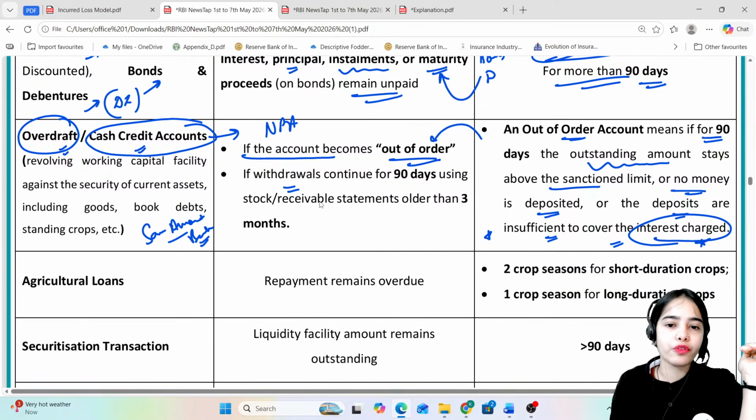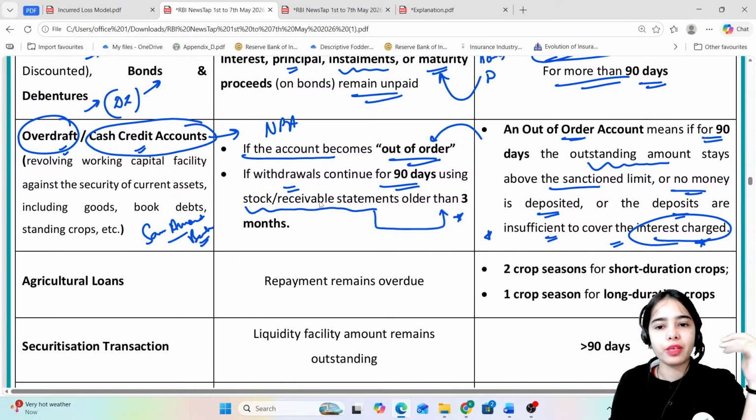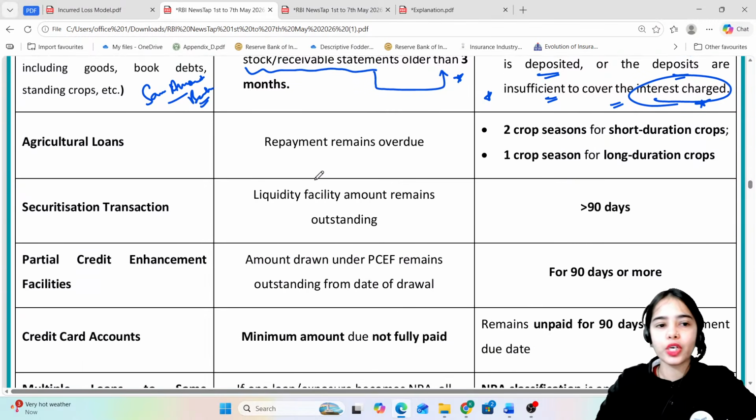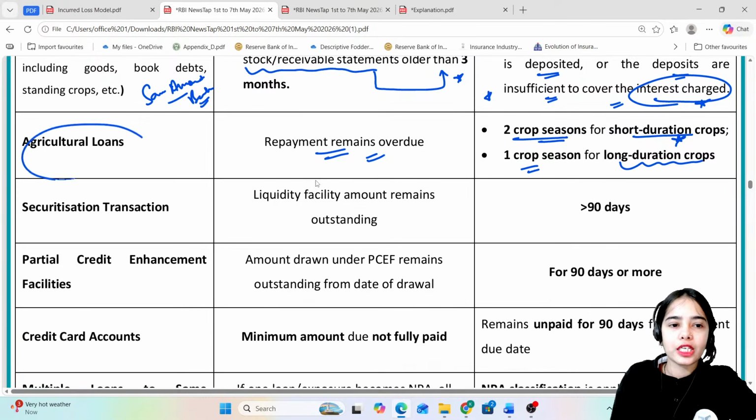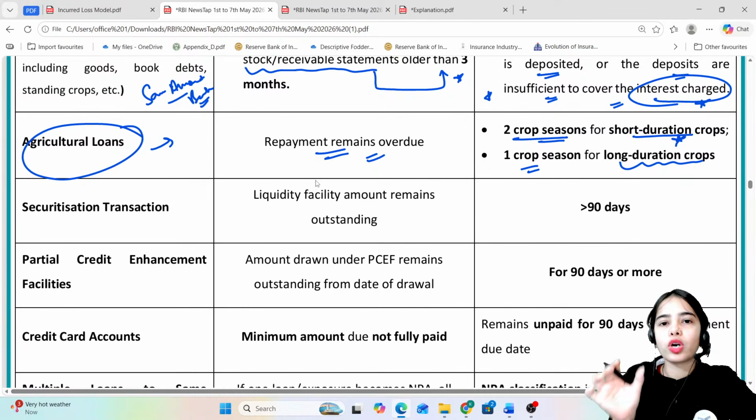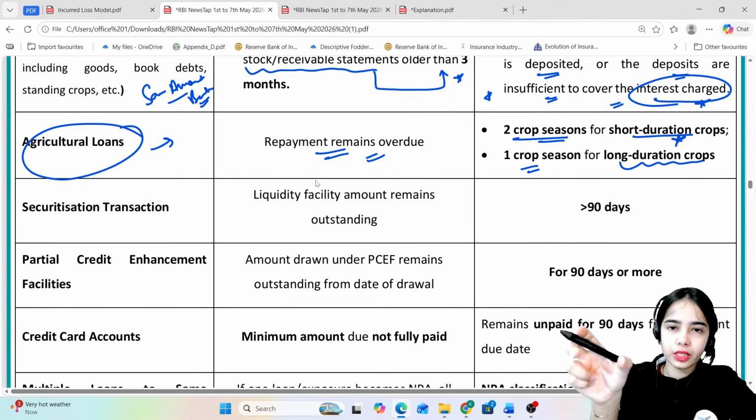If withdrawals continue for 90 days using stock or receivable statements older than 3 months, then also this will be considered as NPA. Agricultural loans: if repayment remains overdue for 2 crop seasons for short duration crops that usually grow in 3 months, or for one crop season for long duration crops. So in agricultural loans, the NPA is not according to the 90 days.